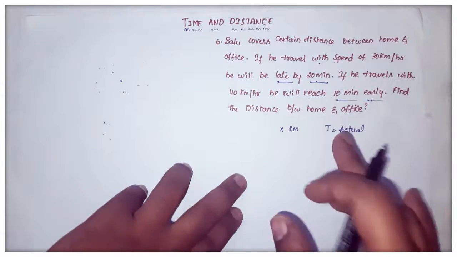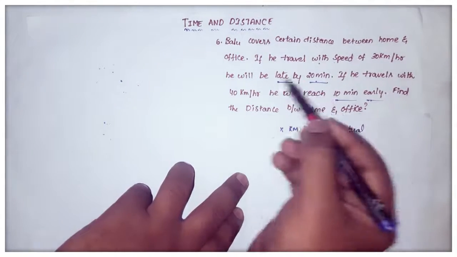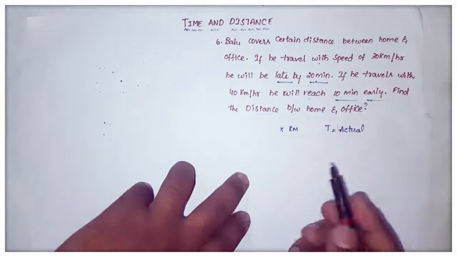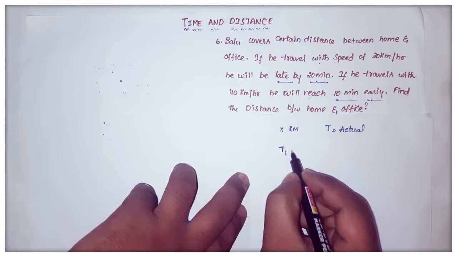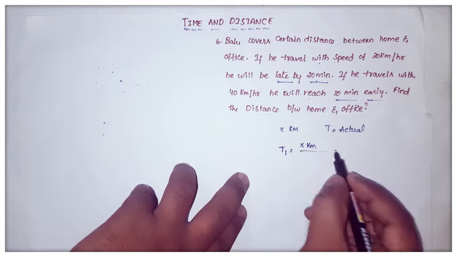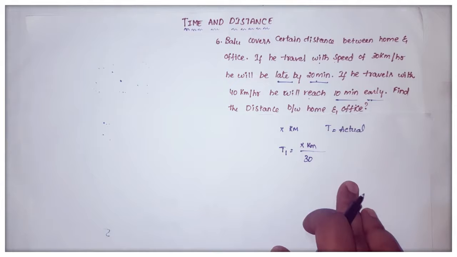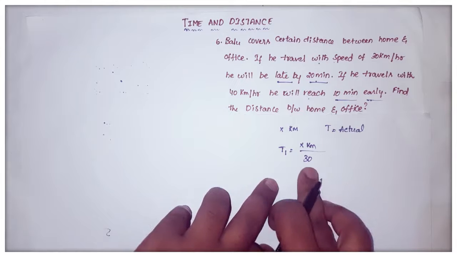Okay, and in statement number 1, if he travels with 30 km per hour, he will be late by 20 minutes. So let us consider that time t1 is equal to x kilometer by 30 km per hour. So time is nothing but distance by speed. So t1 is x kilometer by 30.